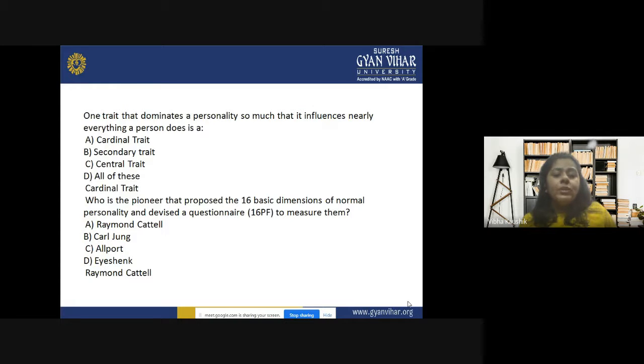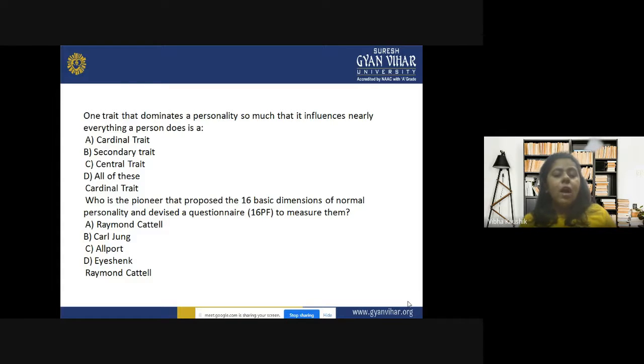Now, who is the pioneer that proposed the 16 basic dimensions of normal personality and devised a questionnaire, 16 PF, to measure them?